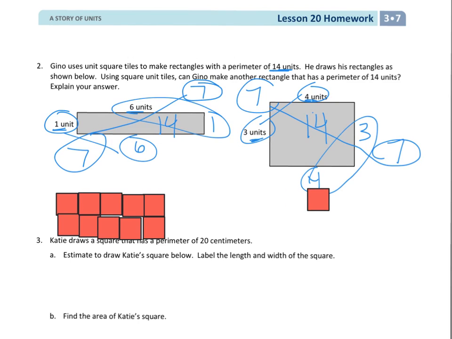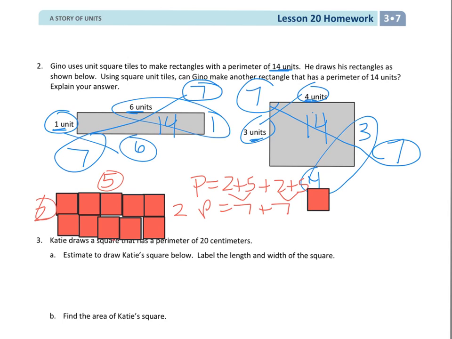So now let's check this out and see. I have 5 there, 2 there, 2 there, and then 5 down below. So my perimeter equals 2 plus 5, and then I have to do the other side, 2 plus 5, 7, 7. And my perimeter equals 14 units.